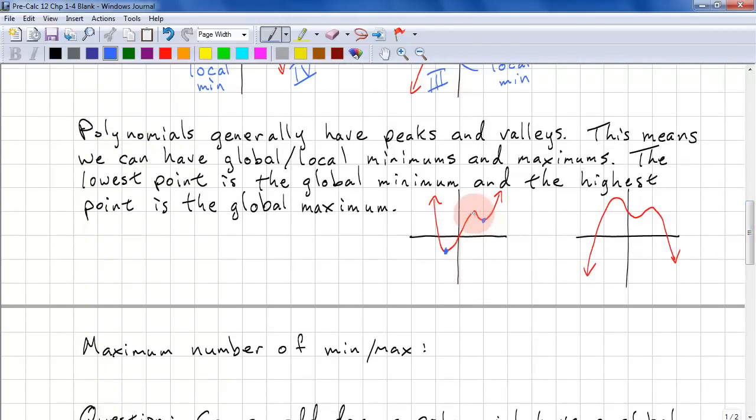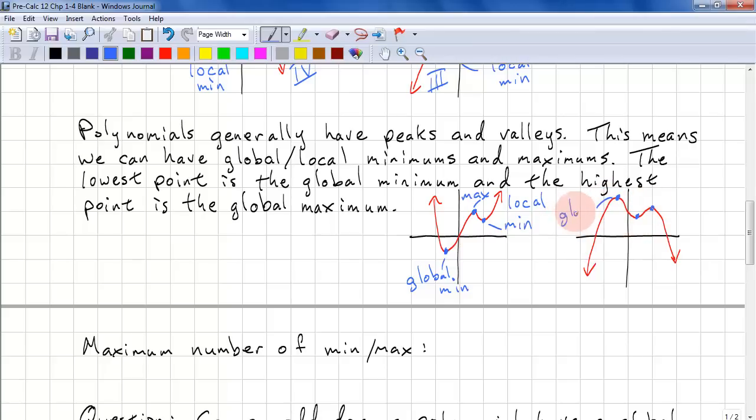So here we have 3 peaks and valleys, and we have a global min. And we have local mins and max. Min, max. And they're both local. And here we have 3.